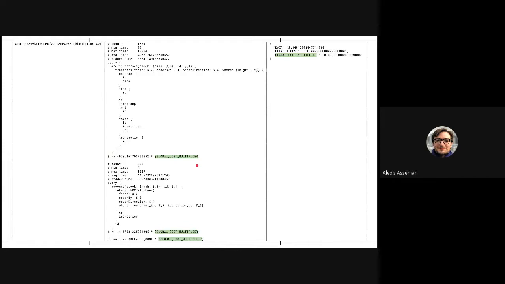And there isn't really an obvious answer. It depends on the subgraph. It depends on how many queries are executed against that subgraph on the distributed network, how many indexers are serving, and what the other indexers' cost models are. So there's lots of variables going on here. It's a dynamic market, so there's no good value, no safe value here.